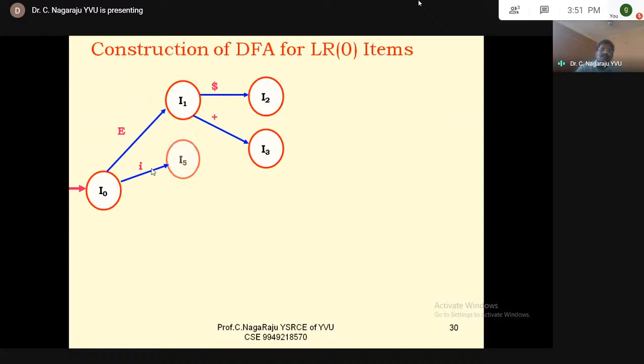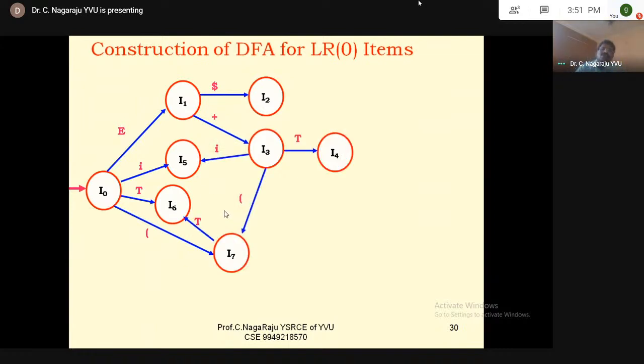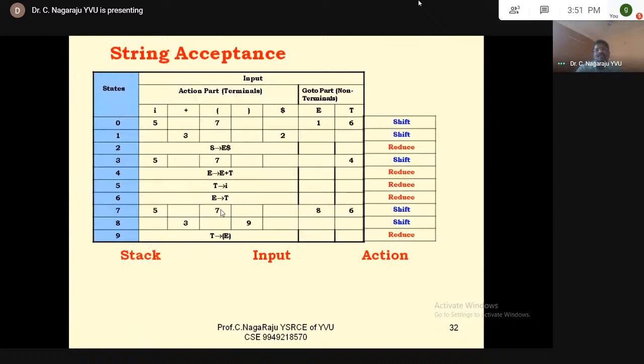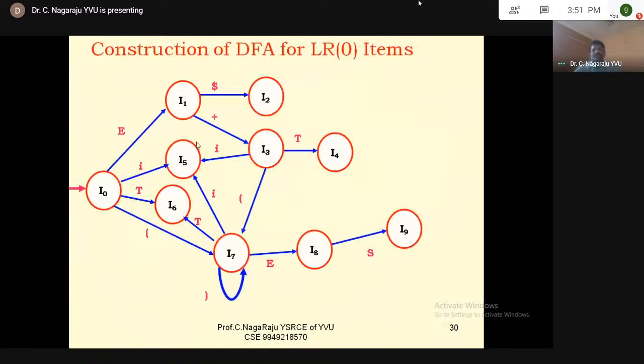On I, it will enter from 0 to state 5, and on T it will enter into state 6. I have already seen that this is the simplified form, the simplification of this one. So that is the form we have written. So this is the DFA. It may be somewhat difficult, but for these things it will be the same, right?